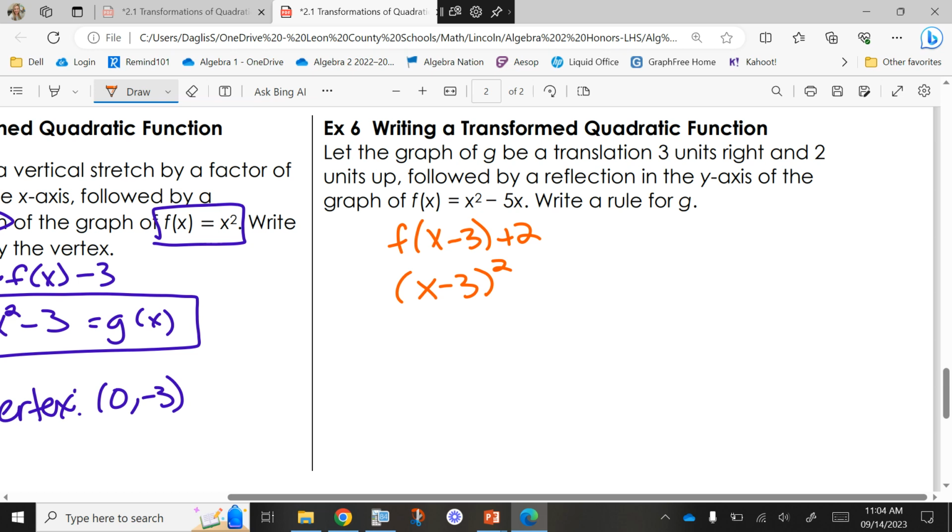Instead of 5 times x, now it's 5 times x minus 3. So we're not f of x anymore. We're f of x minus 3. So my x's get replaced with x minus 3. And then we're adding 2 to the end of my function.